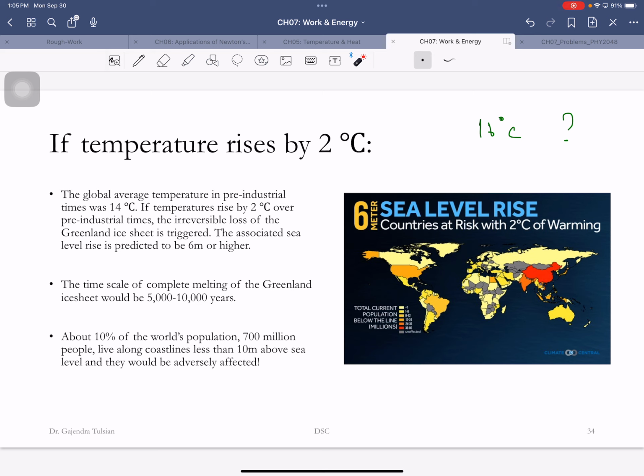There's no turning back. That'll happen over a time scale of 3 to 10,000 years or whatever. If all of Greenland melts, sea level will rise by about 7 meters, which is roughly 1.5 times this.